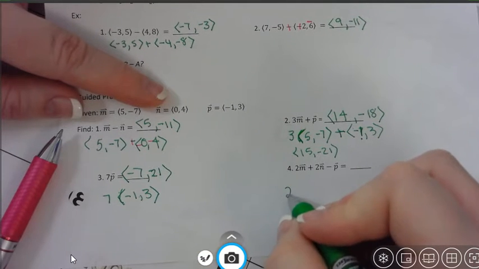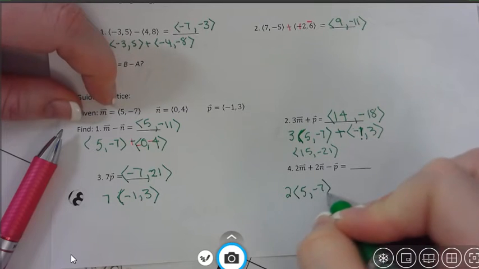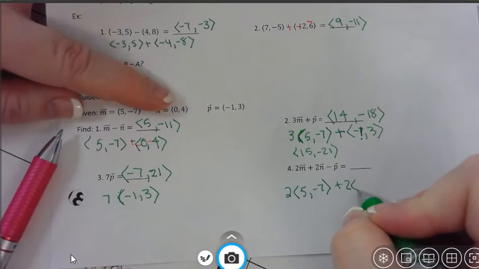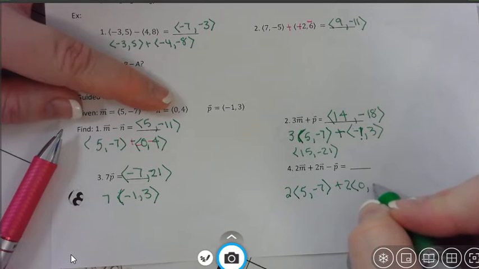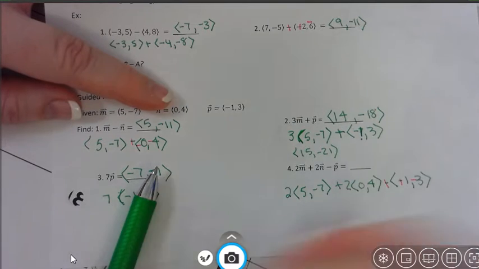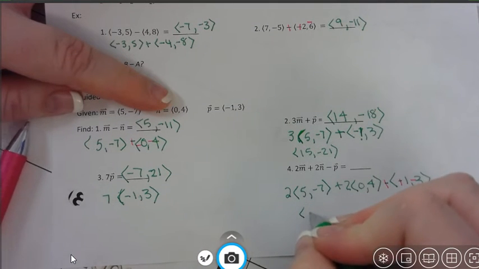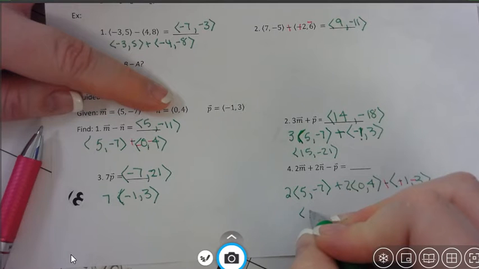And then over here, 2 times m, 5, negative 7, plus 2 times n, 0, 4, minus p, negative 1, 3. Distribute that negative, plus, plus, minus. We've got to distribute first before adding, just like we do in algebra.